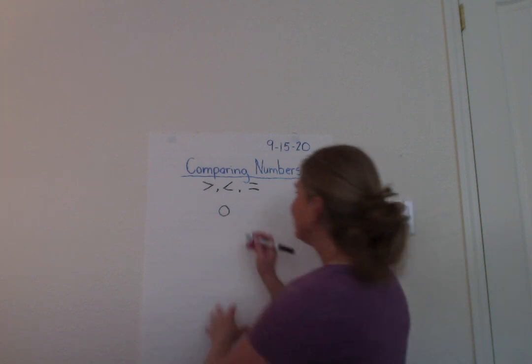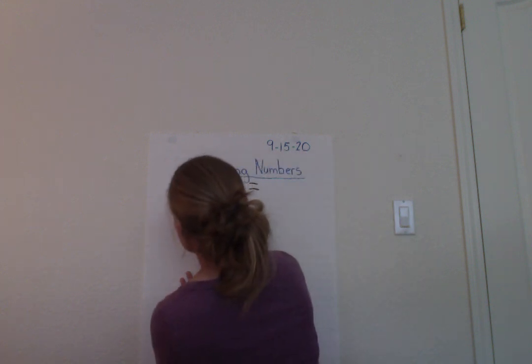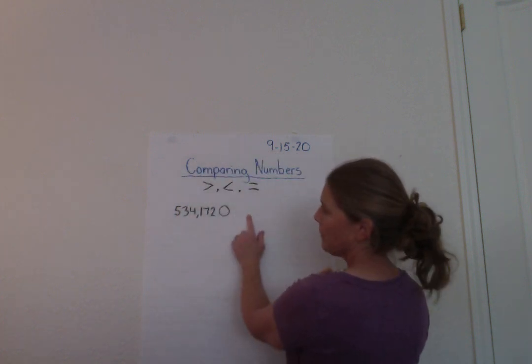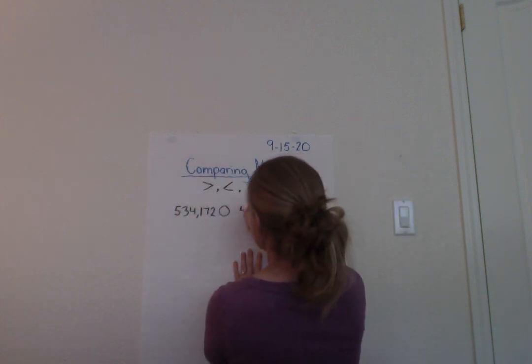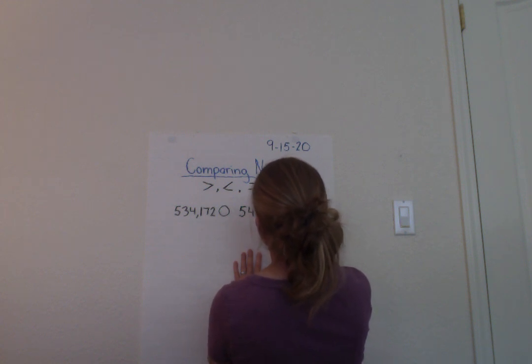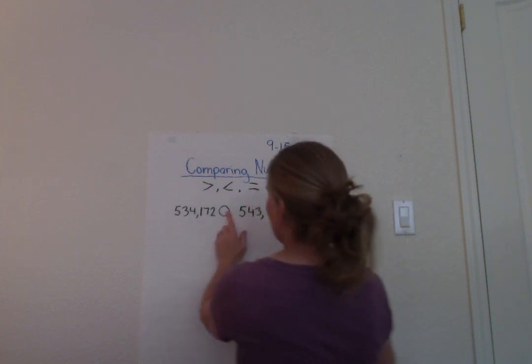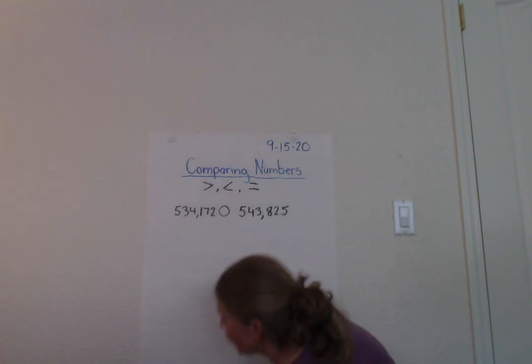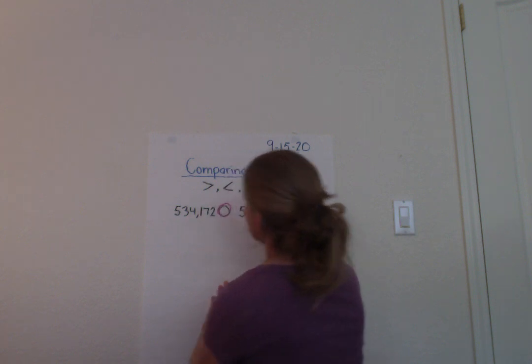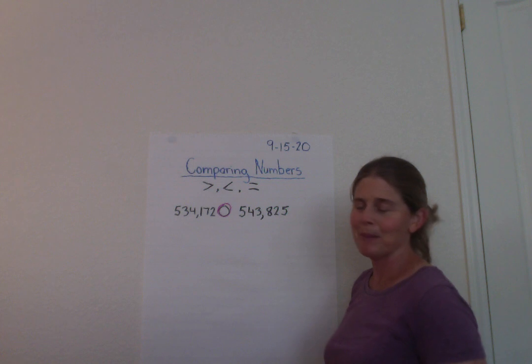I'm going to write my numbers out: 534,172. And I'm going to compare that number to 543,825. I wish I had made that another color. In fact, I'm going to do that now so that it stands out. That's where we're going to put our comparing sign, in the pink circle.